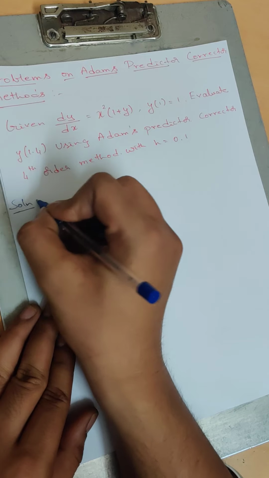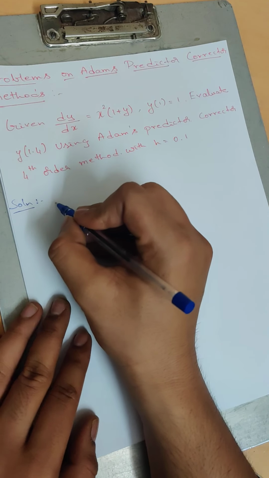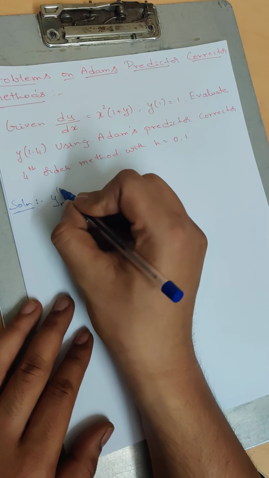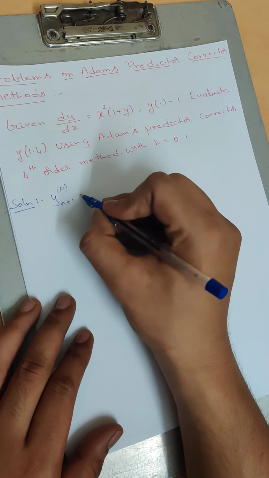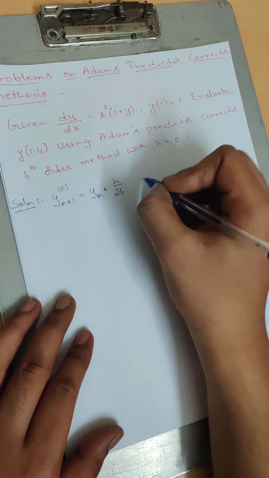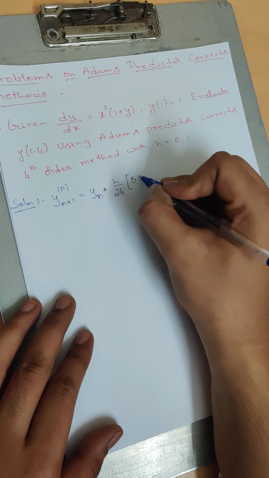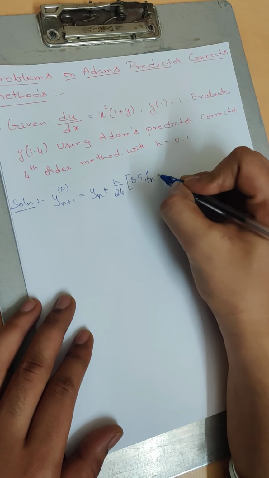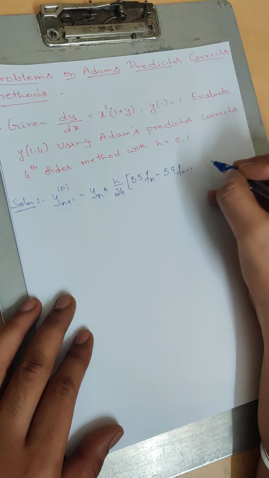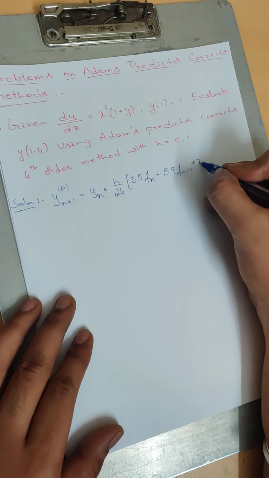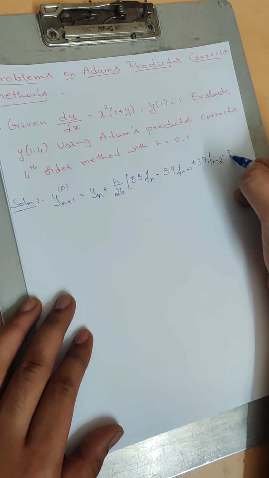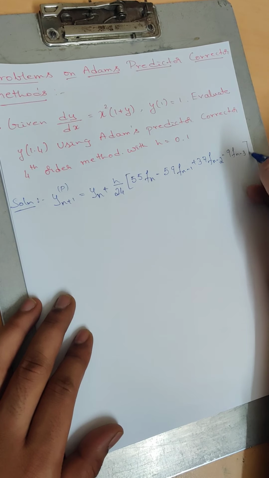We'll go for solution. So we know Adams predictor fourth order method, which is y(n+1)^p, where p represents predictor, is equal to yn plus h by 24 [55 fn minus 59 f(n-1) plus 37 f(n-2) minus 9 f(n-3)].